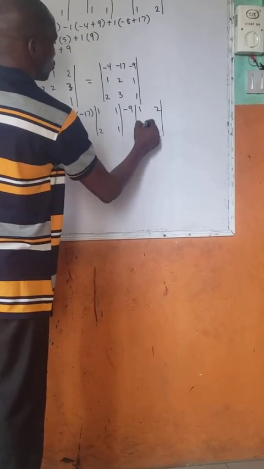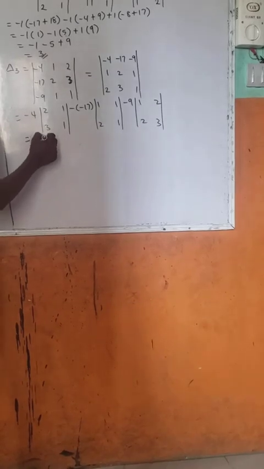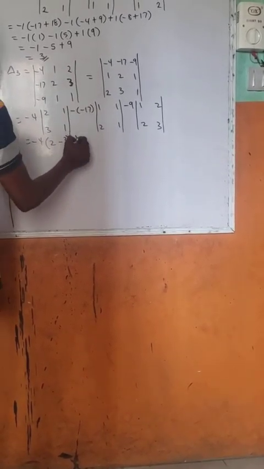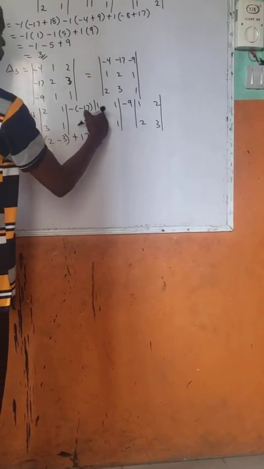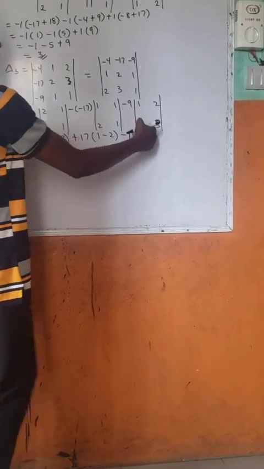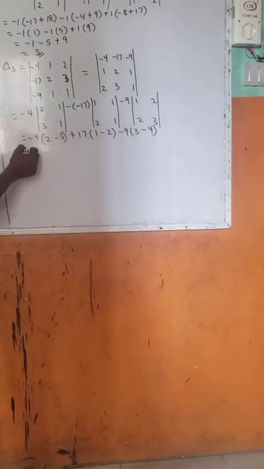So from here, what do you have? Minus 4 bracket 2 minus 3. Answer is minus 12 plus 17, 1 minus 2, minus 9 into 3 minus 4. So what do you have here?